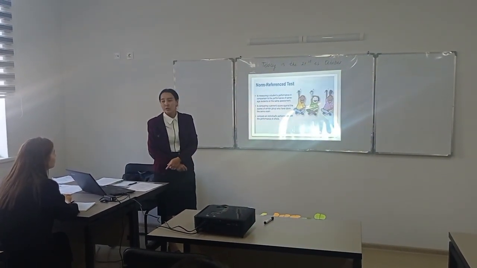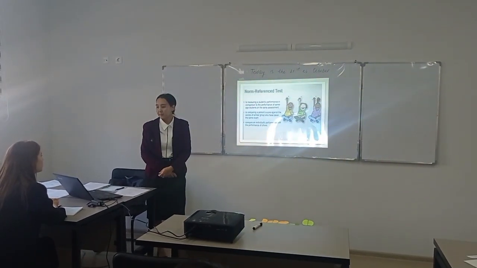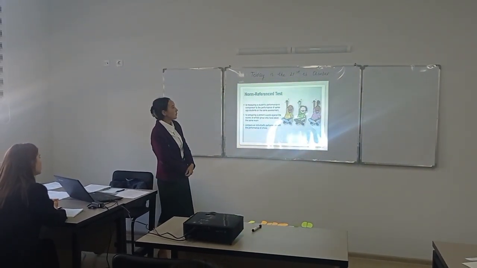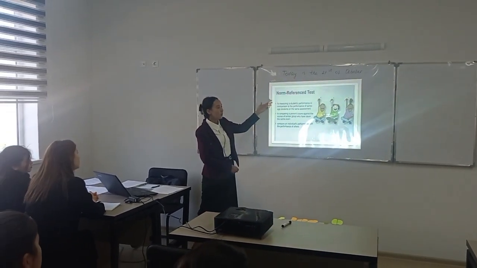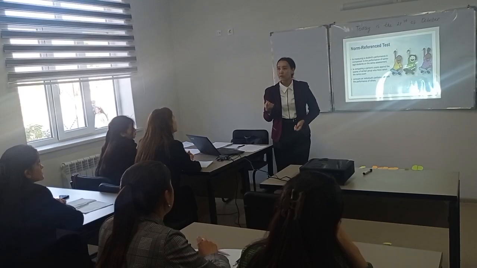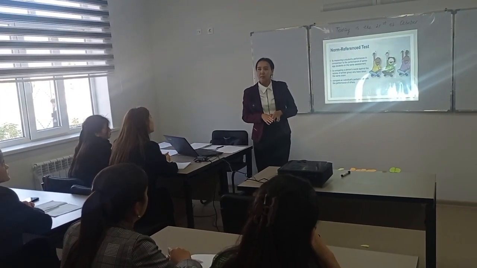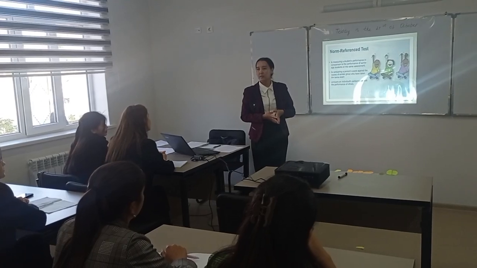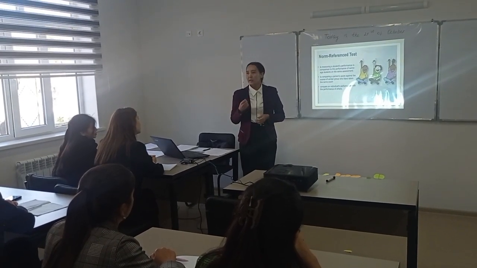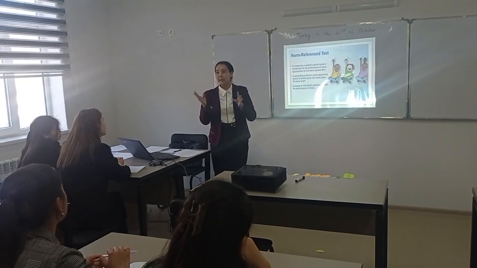Norm reference assessment or test measures students' performance in comparison to the performance of same-age students on the same assessment. For example, we may compare a student's score with another student's score in order to assess knowledge. There will be comparison. As I have mentioned above, criterion reference assessment measures an individual's specific skill or ability without comparing to another student.